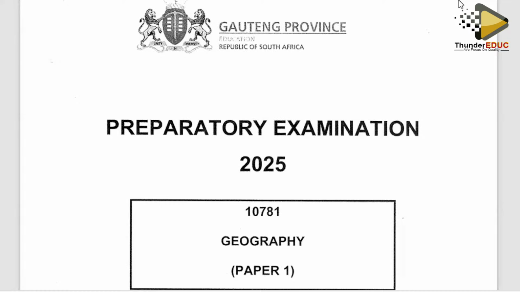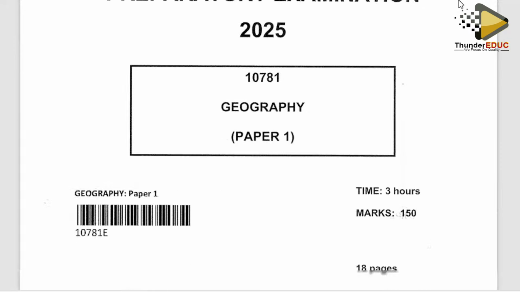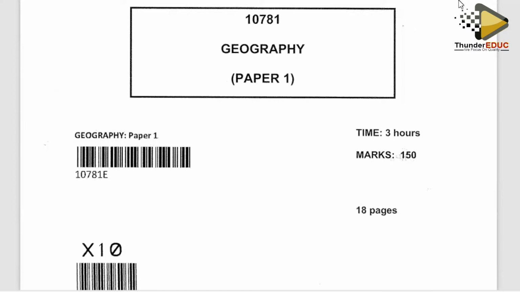Right. It is common to our understanding that our Paper 1 is made up of 3 questions. Out of those 3 questions, we're supposed to answer them in 3 hours, and they have a total of 150 marks. Section A is a theory section, which is made up of 2 questions.